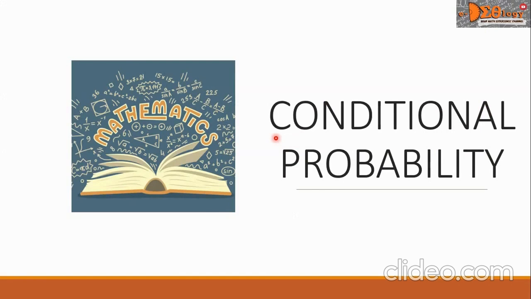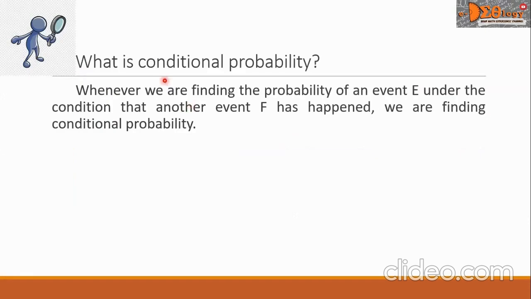Today we're going to study conditional probability. What is conditional probability? Whenever we are finding the probability of an event E under the condition that another event F has happened, we are finding conditional probability.